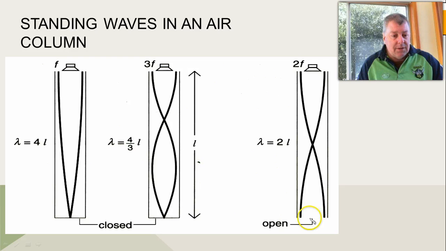It comes to the edge here, and because there's a change of medium, going from air in a tube to air out in the open, the wave bounces back and there's a phase change. And that's why we can have a standing wave here, because it acts like a boundary, whereas here it just bounces off the back of the end.